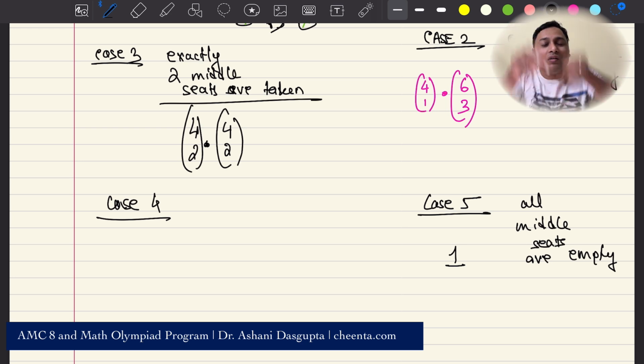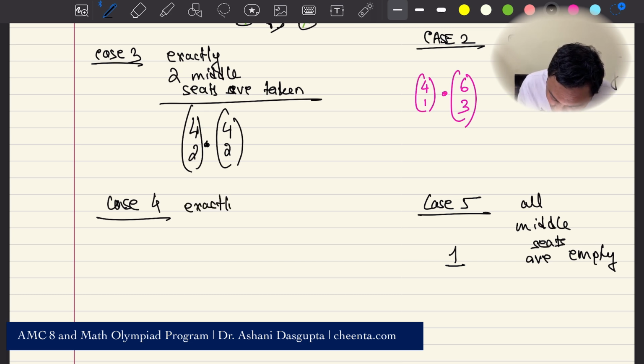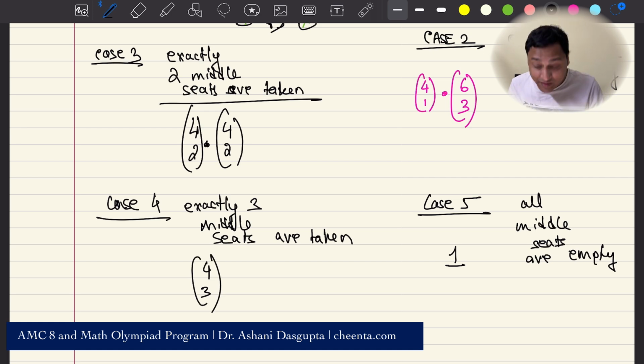You just keep all the middle seats empty and make the other people sit on the 2 columns. Case 4 is exactly 3 middle seats are taken. So that can be done in 4 choose 3 ways. Take the 3 middle seats out of 4 of them.